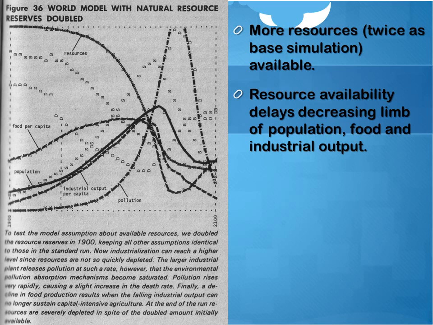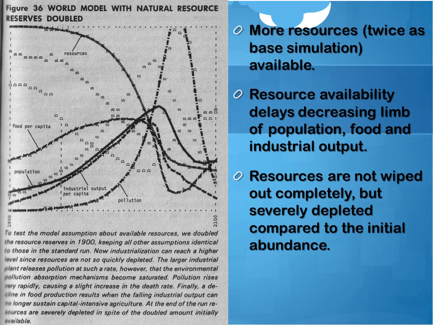It's like having more money in your bank account and then losing your job. You're going to be able to live off it longer, but eventually, if you don't find a job, the situation won't be sustainable. That's the same assumption. Now, in this particular case, resources are not wiped out completely.